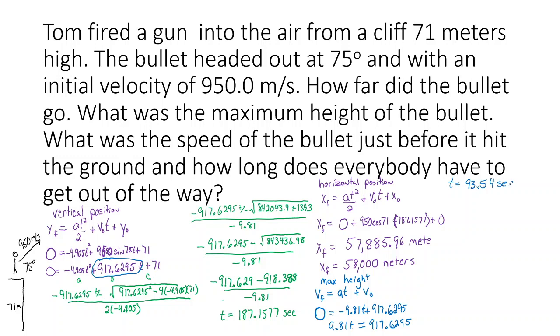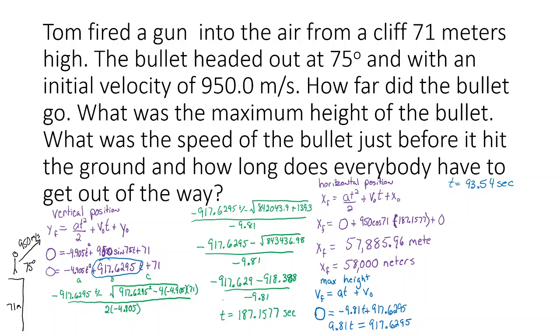I got t equals 93.54 seconds. Use common sense here. If the total time was 187 and about half the trip to get to its maximum height is about 93, except you've got to figure it has to go 71 more meters on the way down, this all makes sense.